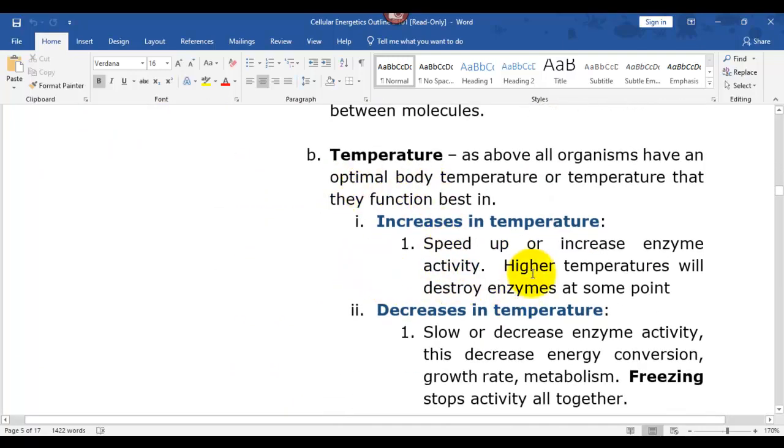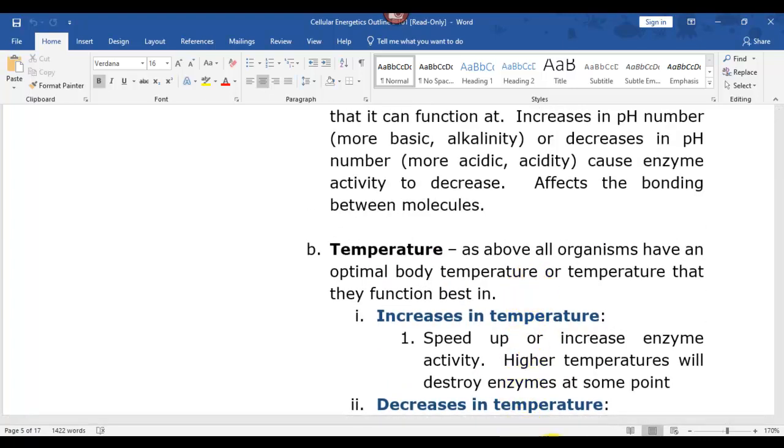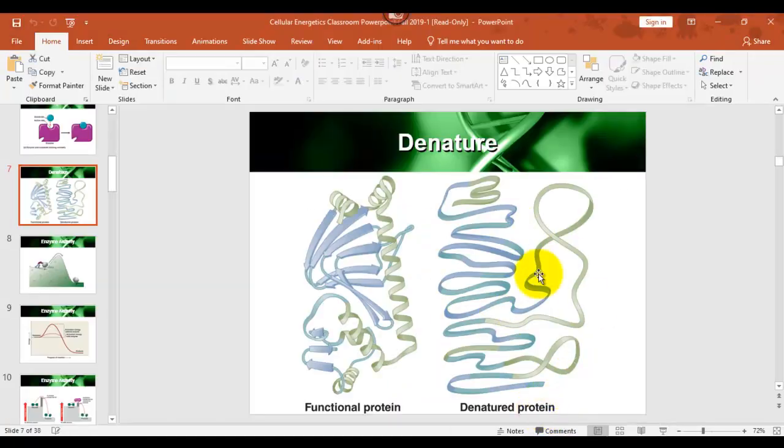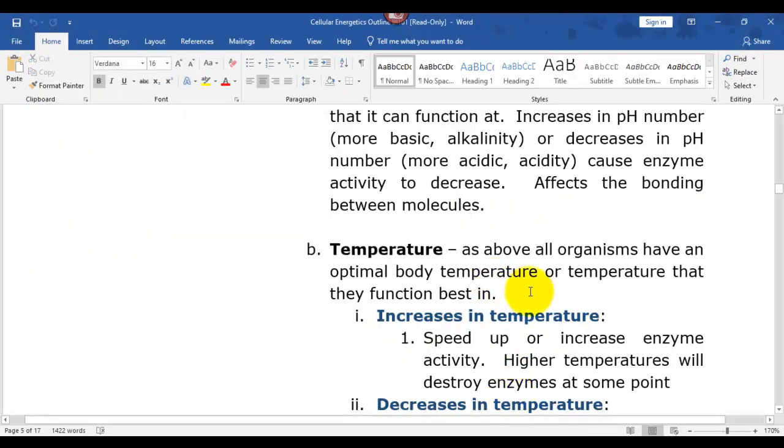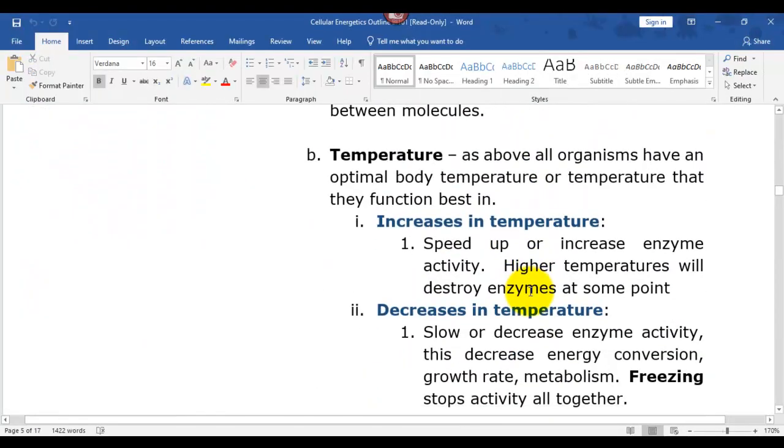Temperature. An increase in temperature usually speeds up enzyme activity. But there'd be a point where the higher temperatures would start denaturing, and then it would go down. In a microbiology lab, you have Petri plates with agar, and you swipe things on these agar plates, and you put them in an incubator.